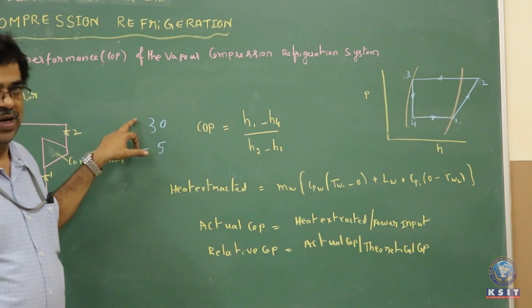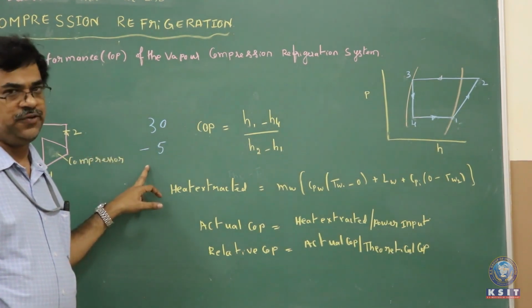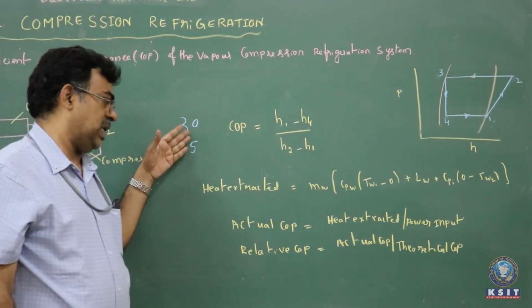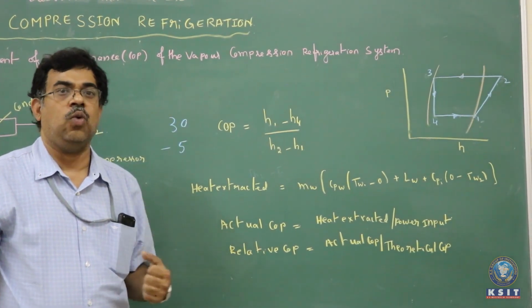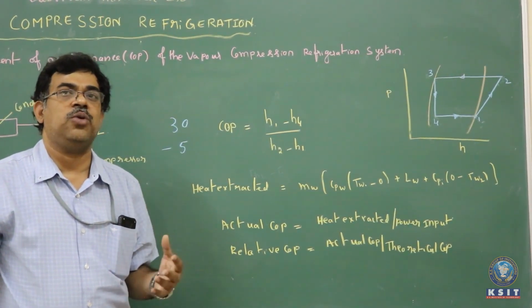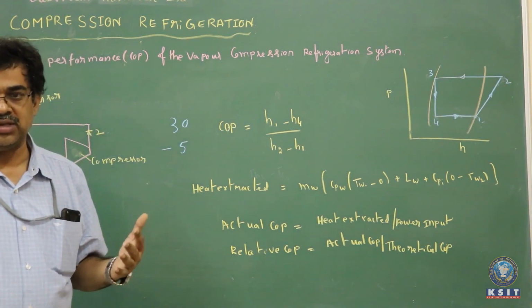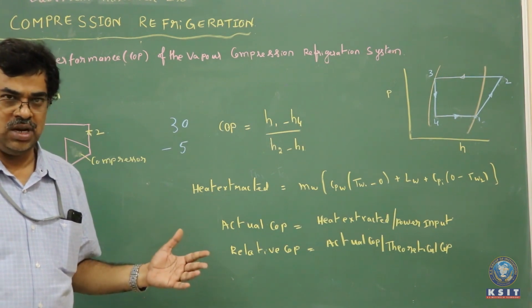To cool the water from 30 degrees to minus 5 degrees, you are removing heat from the water. Now, how much heat are we removing? You know the formula: mass of water, specific heat of water, and the temperature difference.